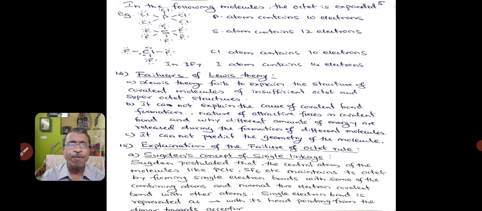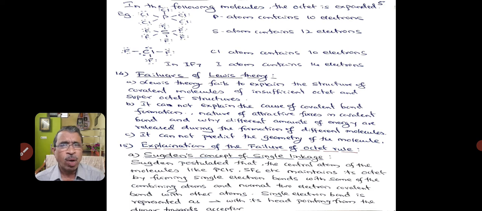To explain the failure of the octet rule, Sugden's concept of single linkage is taken into account. So what is this? Sugden postulated that the central atom of molecules like PCl5, sulfur hexafluoride, etc., maintains its octet by forming single electron bonds with some of the combining atoms and normal 2 electron covalent bonds with other atoms.